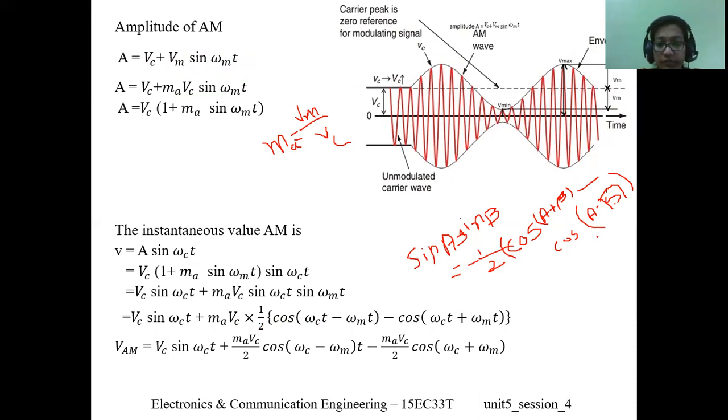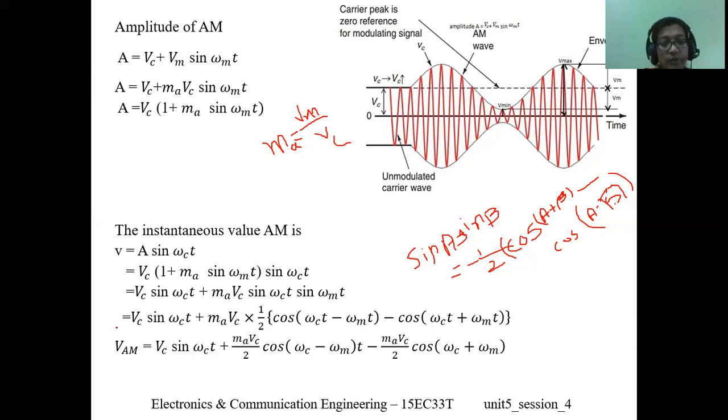So if we multiply with the half, this minus term will come first, then minus cos (A plus B). Similarly, we write here cos (ωct minus ωmt) minus cos (ωct plus ωmt). Multiplying this whole term, this is MaVc divided by 2 with these values inside the curly braces, we can split like this.